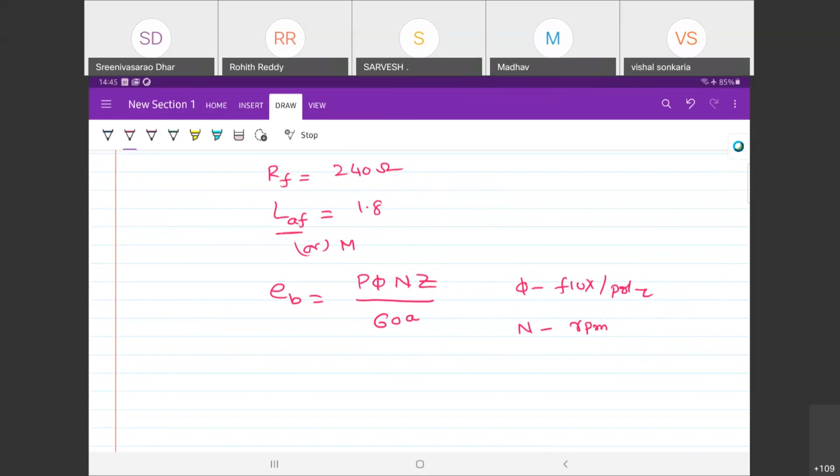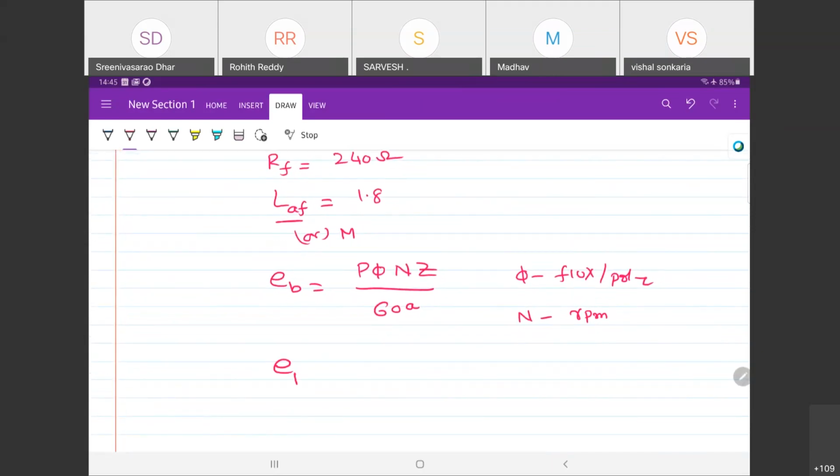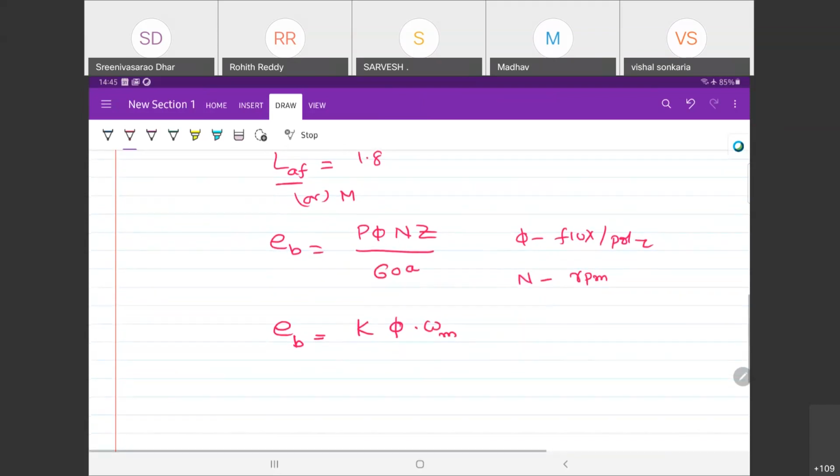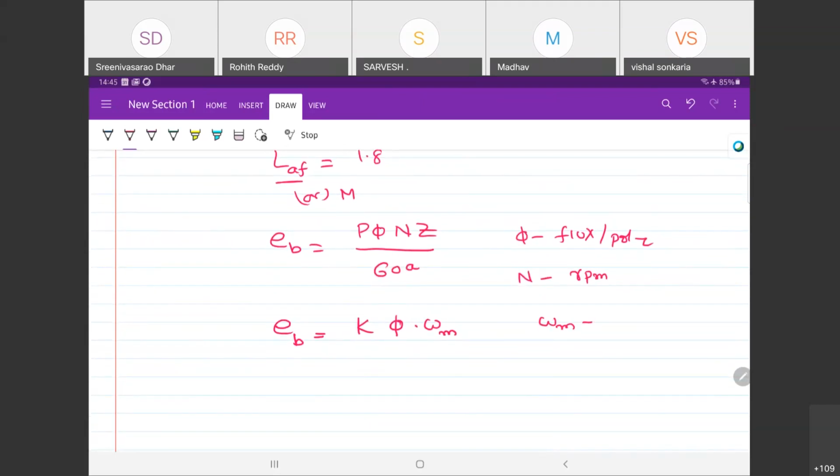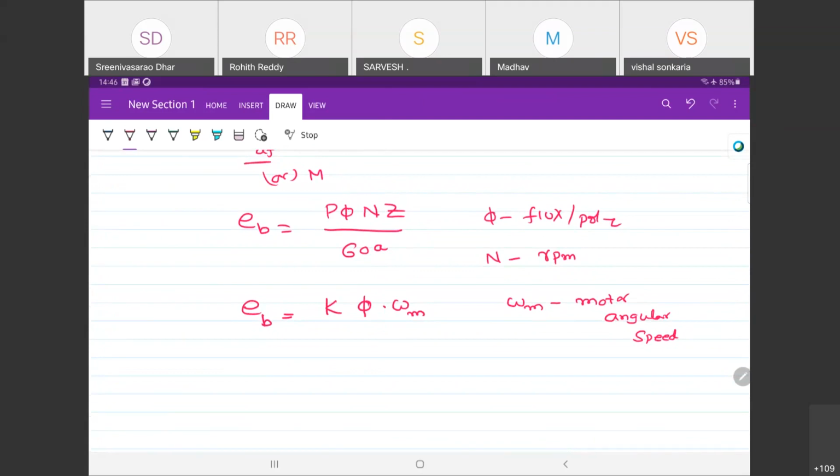Right. So this one we can write like this. EB can be written as some constant K into phi into omega m, where omega m is the motor angular speed. So what is the relation between n and omega m?